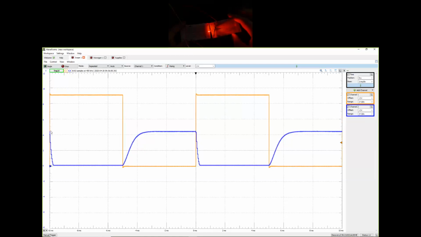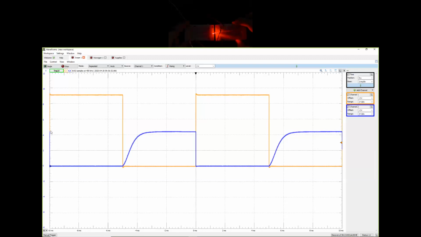And I can increase that, make it better coupling versus very bad coupling. As you can see, my room is so dark that I'm not really seeing a big change here. But if you did this in a room where there was ambient light, you would be seeing a lot of noise. The signal would not be quite that good.